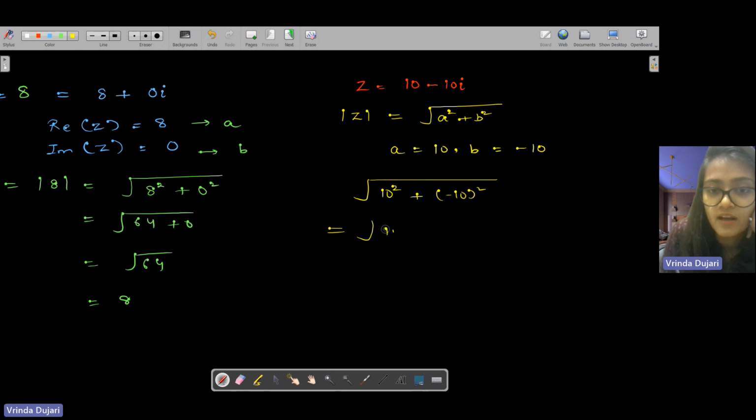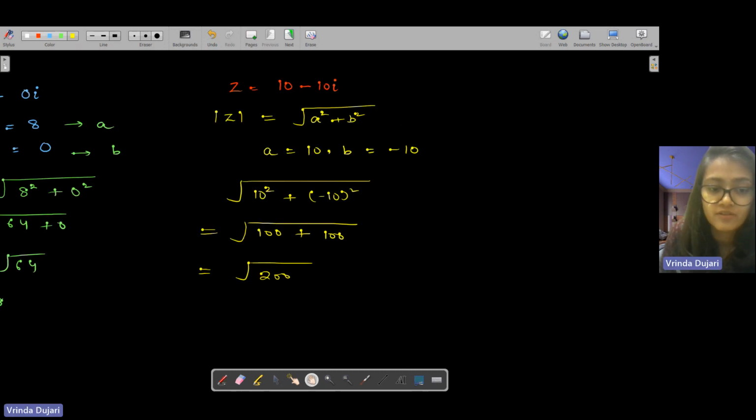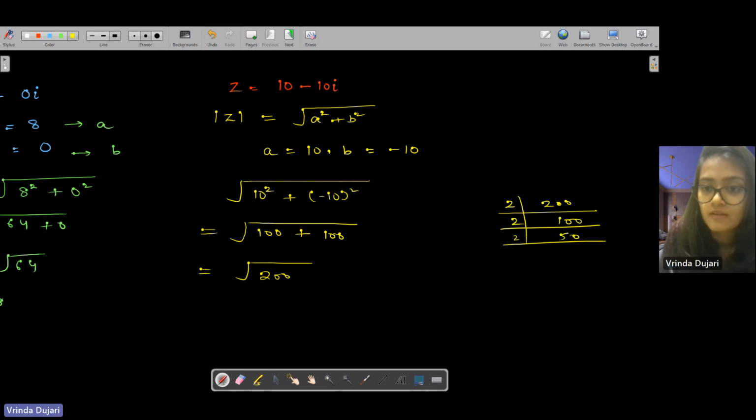10 square is 100. Negative 10 square is also 100. That is 200. And let's just find out the factors. So 2 times 100, 2 times 50, 2 times 25, 5 times 5.